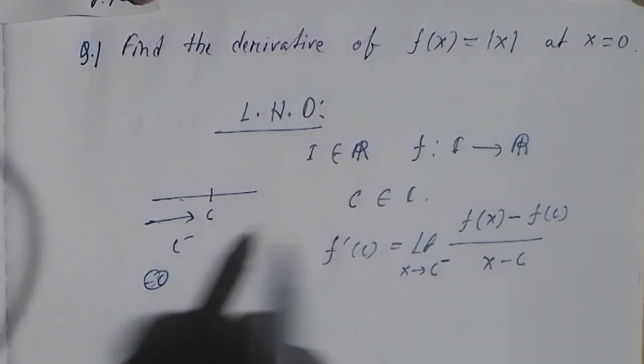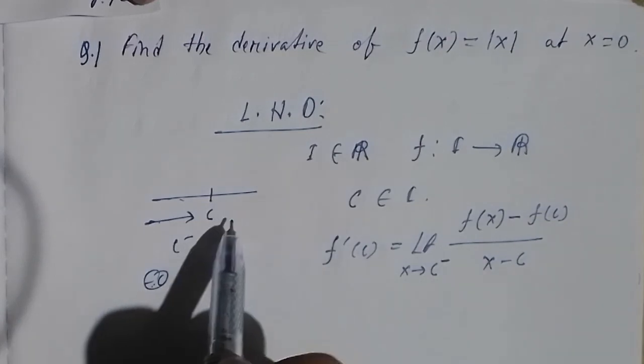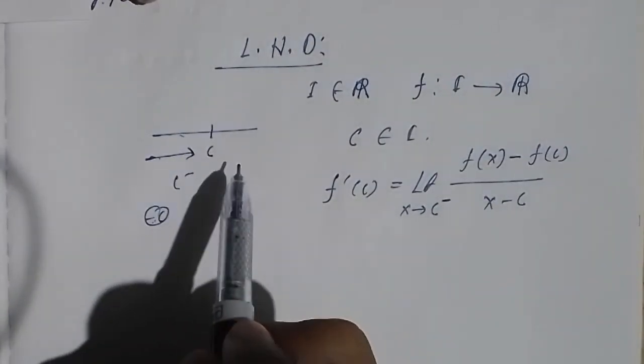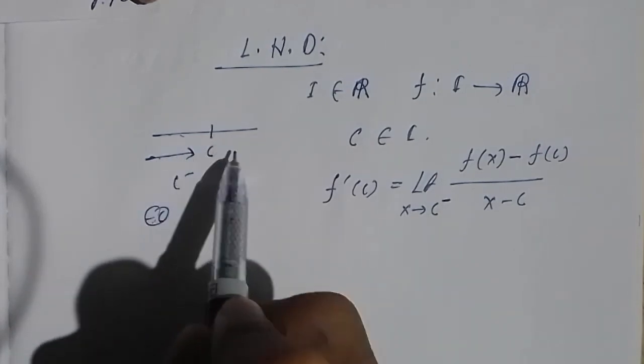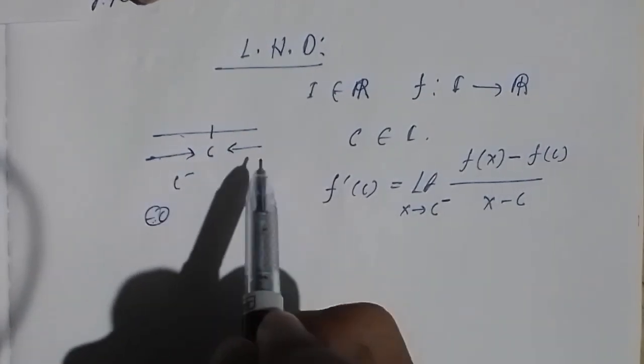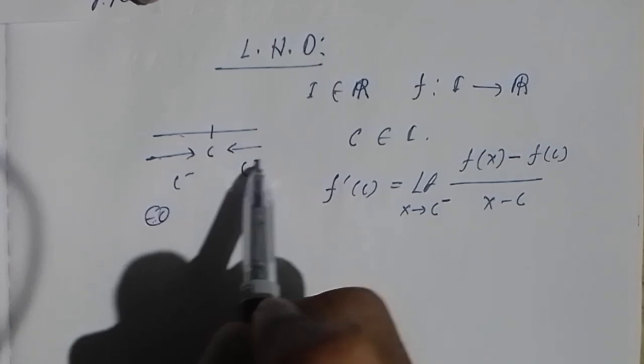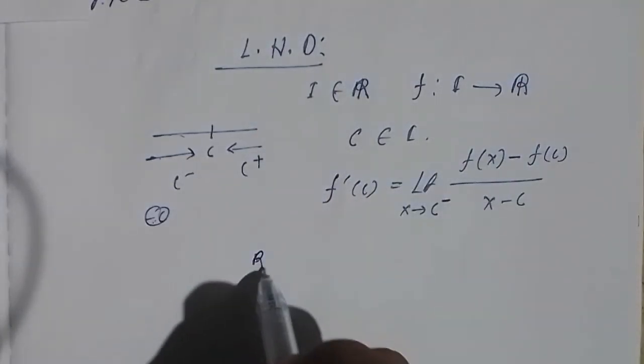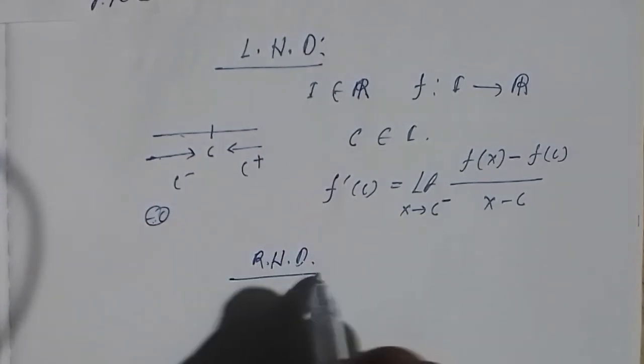Again, if x approaches c from the right-hand side, then it is denoted by c positive, and we call it a right-hand derivative.